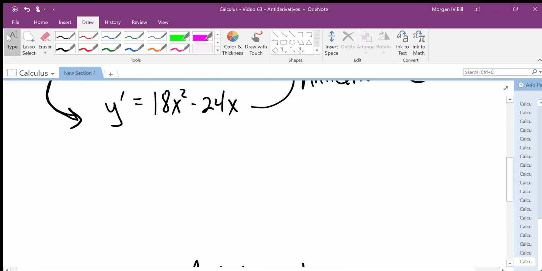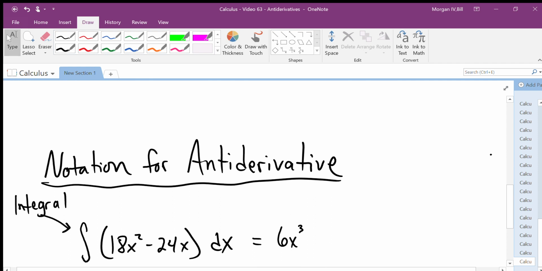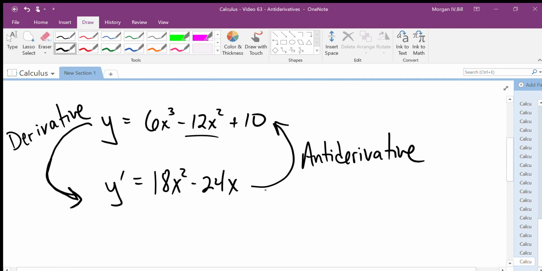Similarly, the derivative of negative 12x squared is equal to negative 24x. Therefore, the antiderivative of negative 24x must be negative 12x squared. Then there was nothing else here.